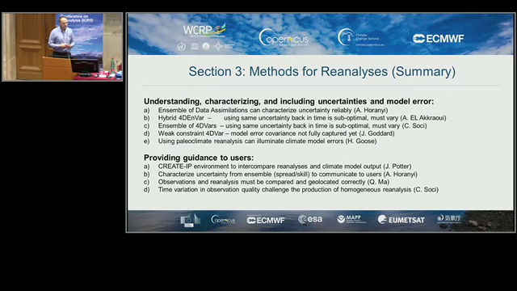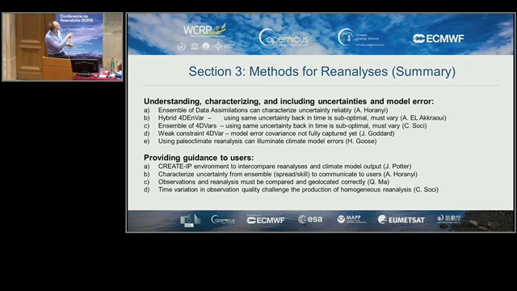Yeah. So related to Nick's talk, we spent a lot of time talking about what's not very sexy work: understanding, characterizing, and including the uncertainties in the model error. But all of these highlighted how essential it is to combine the information in a sensible way.